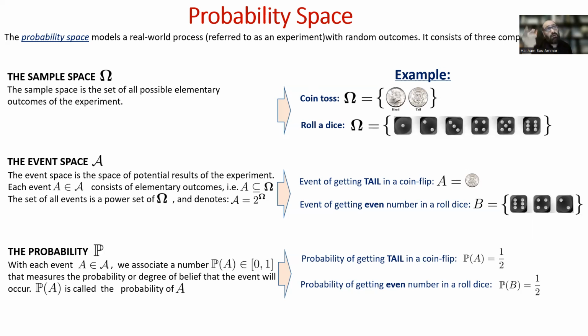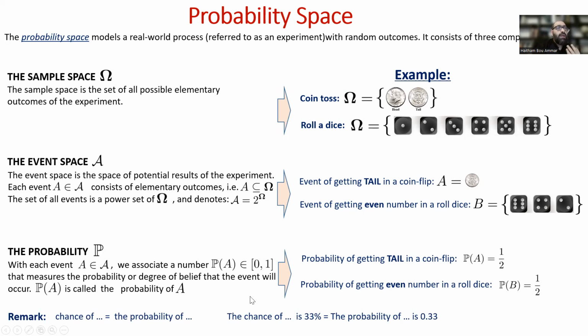And the events are made of elementary outcomes, and we have a power set as the number of possible events that can happen. And the probability is a number that we associate with every event, and it should be between 0 and 1. Could include 0, could include 1. And it's actually reflective of our belief on the degree to which this event would actually occur.